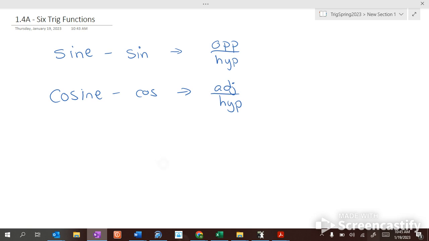The third one is the tangent of an angle, which we abbreviate as tan, and that is the opposite side over the adjacent side.